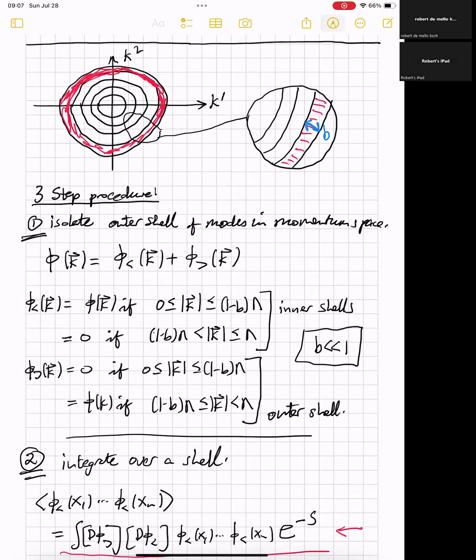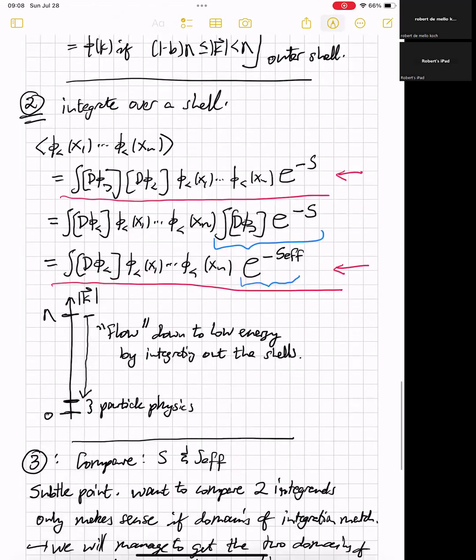All of your couplings will change. All of the parameters of your theory will change. You'll keep changing your action. But by the time you get to a very low energy, that's the action that describes the low energy physics. It'll be an effective action because we have summarized all of the physics of the high energy modes in the parameters that appear in the low energy theory. And that's why it becomes an effective theory.